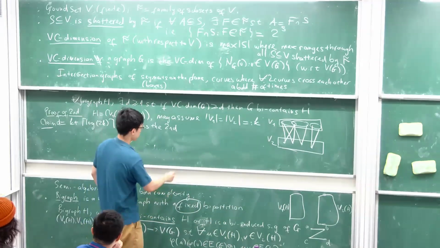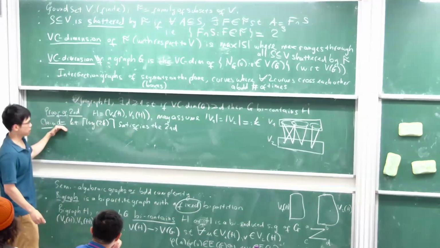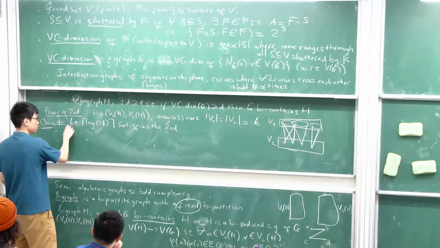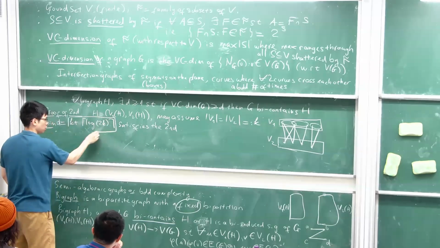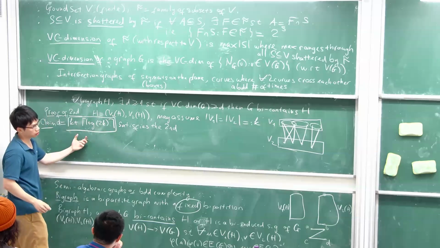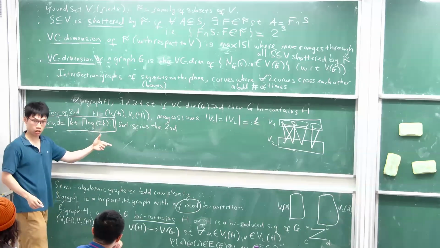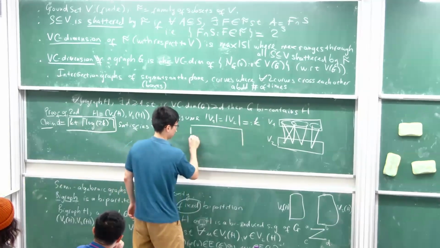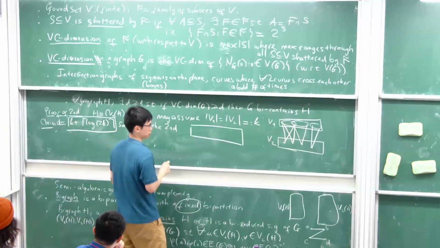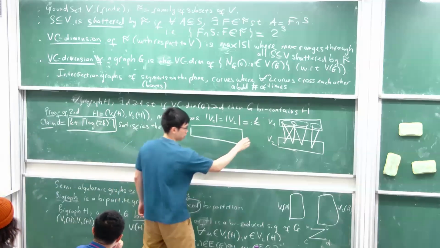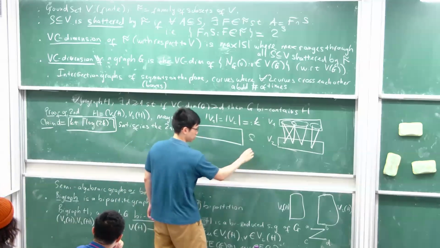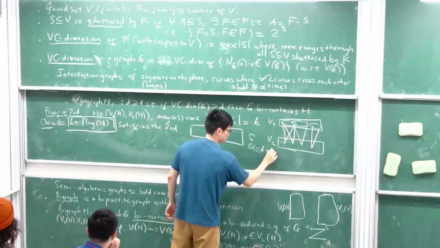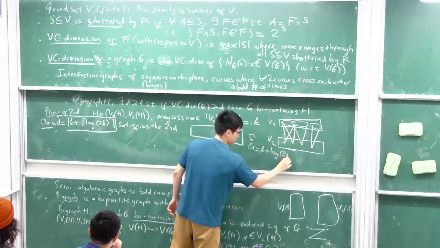But the point here is, with this D, if the BC dimension of G is at least D, then there's going to be a vertex subset of this size shattered by the neighborhoods of the vertices of G. So I'm going to take such a shattered set, let me say S. Here the size of S is K plus log 2K.